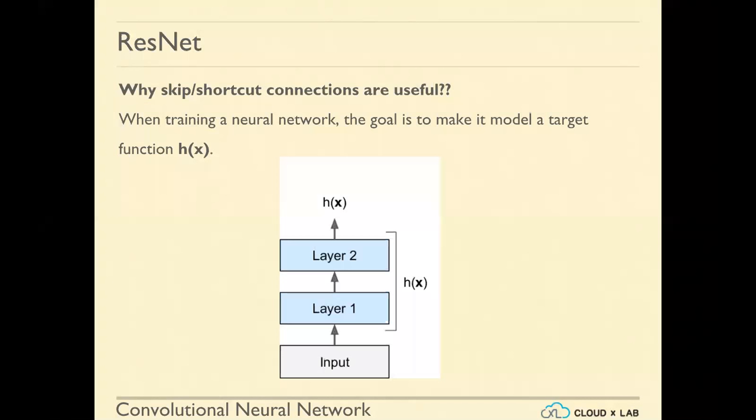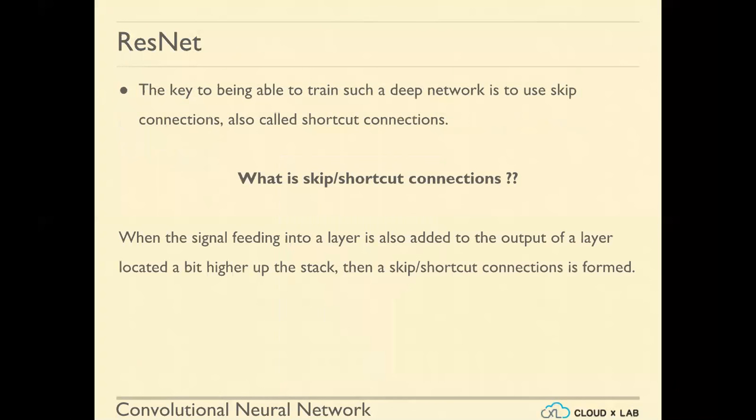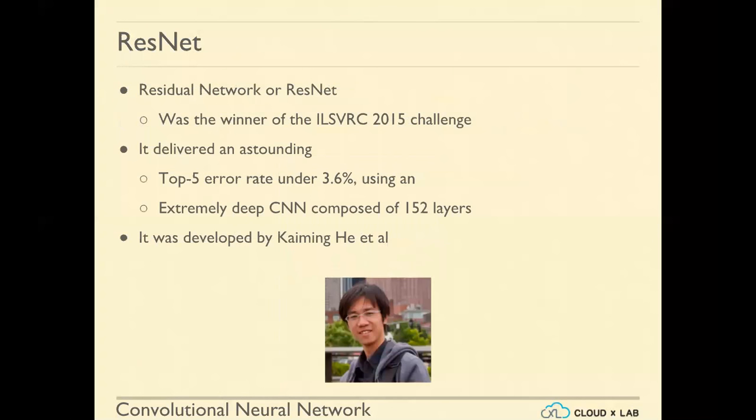Okay, and now you see, being able to train 152 layers is actually possible because of many reasons. One, we have hardware. Second, we have the frameworks which could even utilize multiple computers.